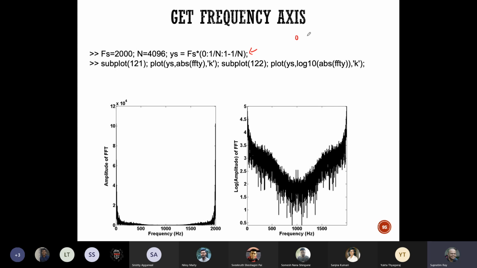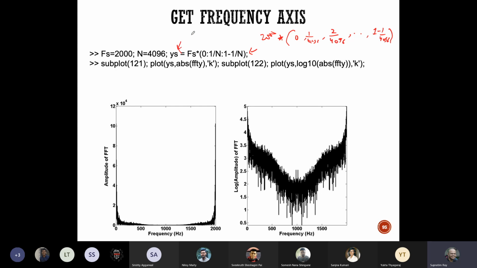So it's 0, 1 by 4096, 2 by 4096, and the last one would be 1 minus 1 by 4096. So there are 4096 points between 0 and 1, and then I'm multiplying that by 2000. So I'm now getting 4096 points, which are equally sampling 0 to 2 kilohertz.